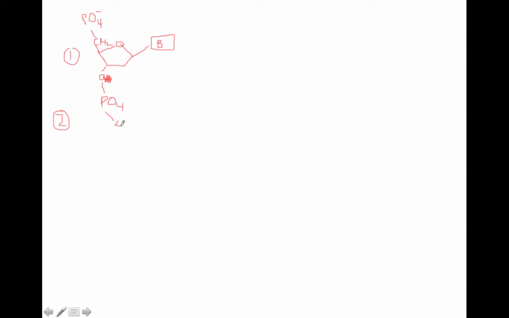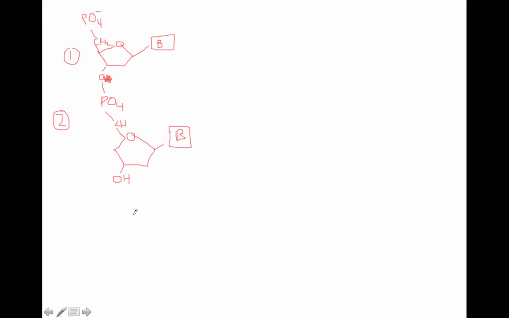We have our CH2, like so, and now this is going to be attached to our sugar. It's not a beautiful drawing, but you probably didn't expect much more from me. So this is our sugar of our next nucleotide, and it also has an OH group on it. And it's going to have a base attached to it.